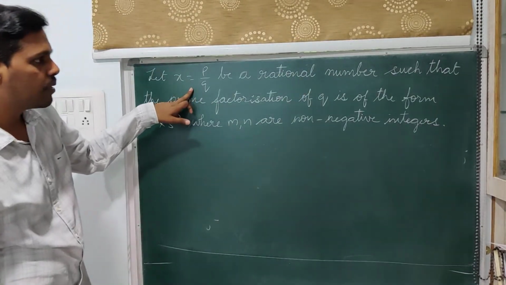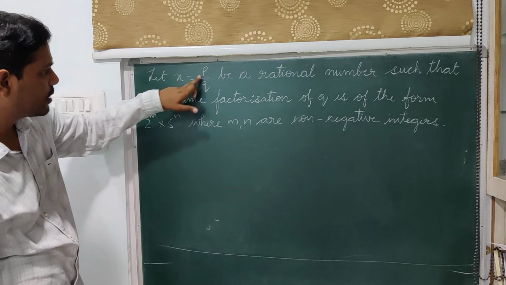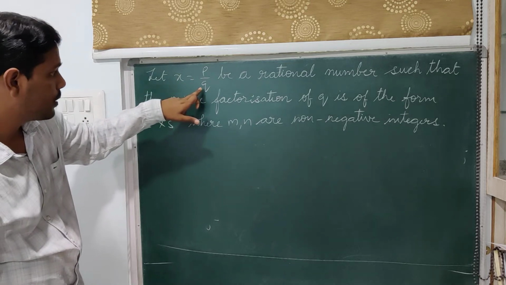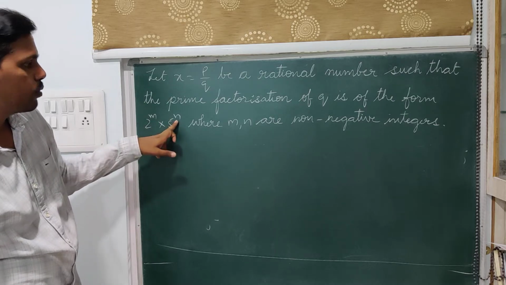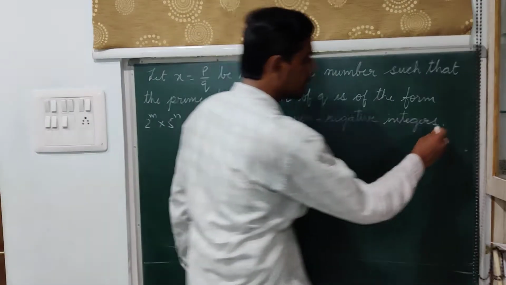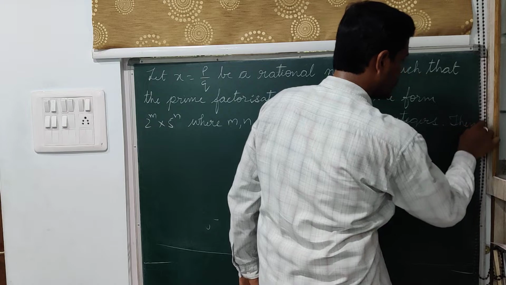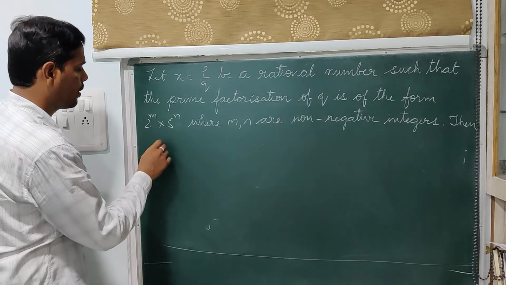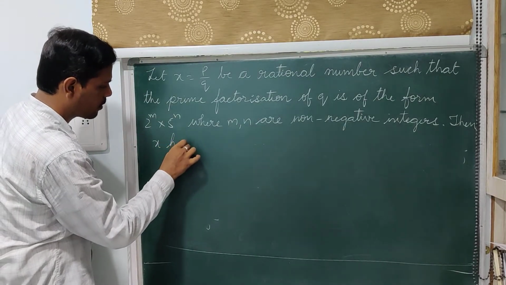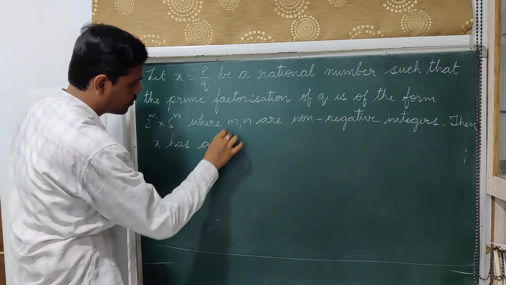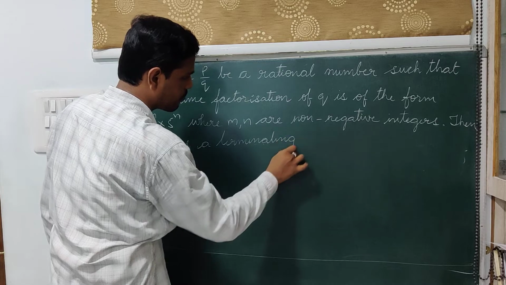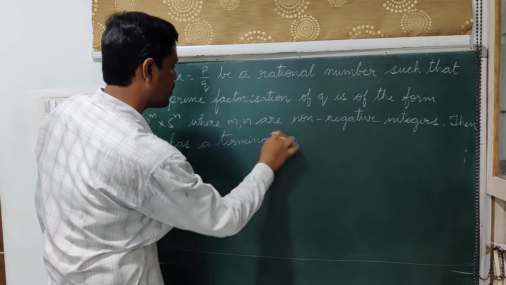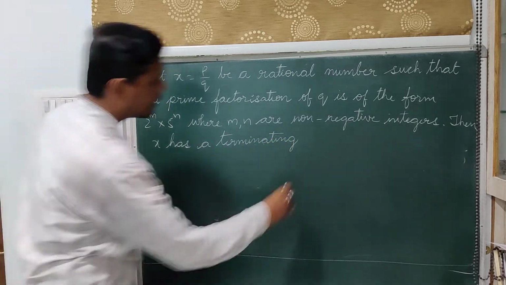Now if a rational number is of this kind, that is, given a rational number p by q, if the prime factorization of the denominator is of the form 2 power m into 5 power n, then we can say that x has a terminating decimal expansion.